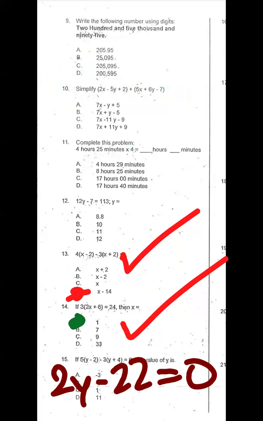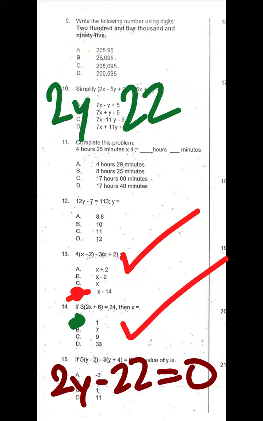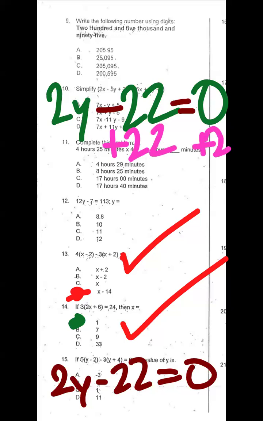So now what do we do with that? Now, when we add 22 to both sides, we're going to have 2y equal 22.